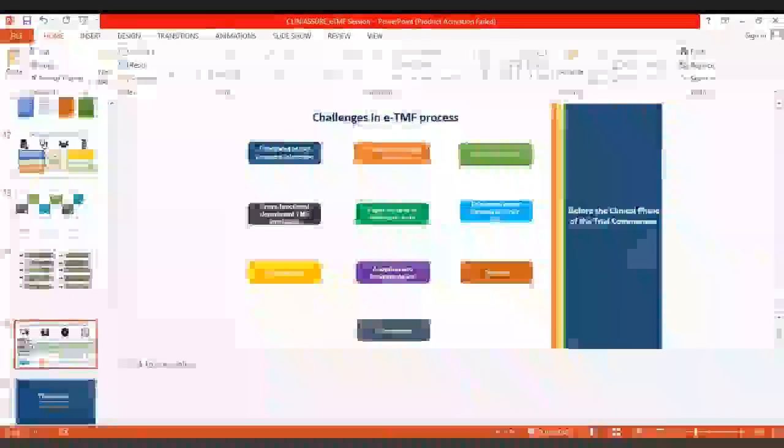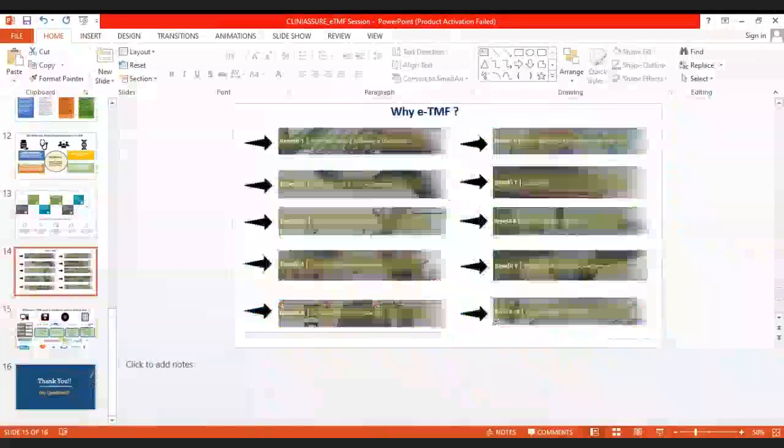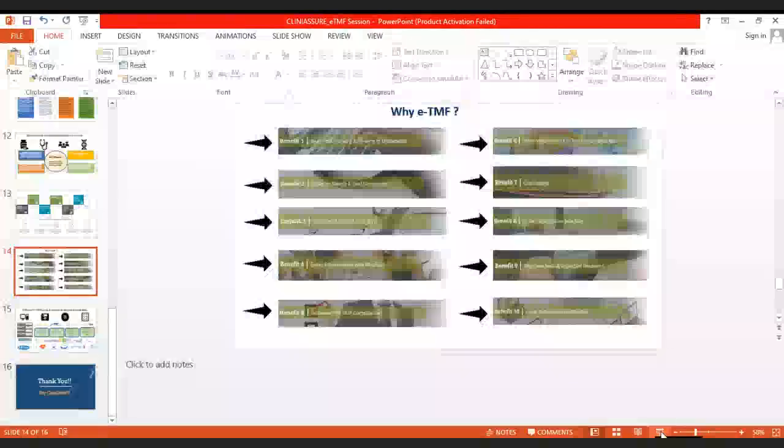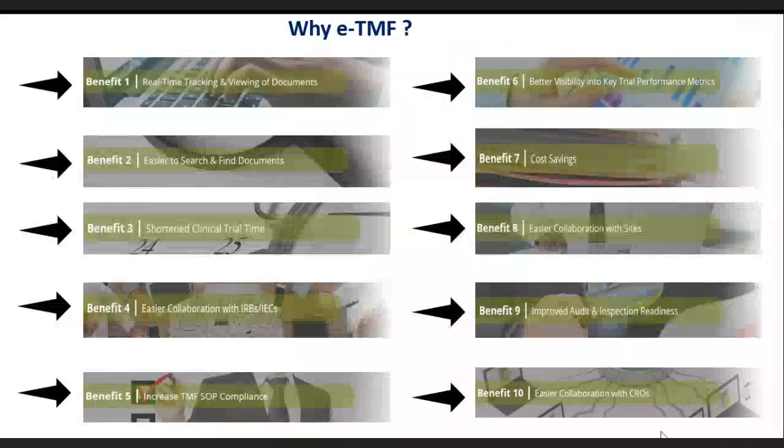So coming to the next slide, what is the agenda? Why is eTMF important? Can you read one by one? Santoraj, you read 1 to 4, then Mrinal, you read 5 to 8, and Nidhi, you read 9 to 10.